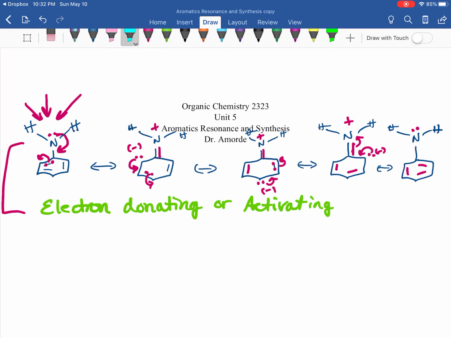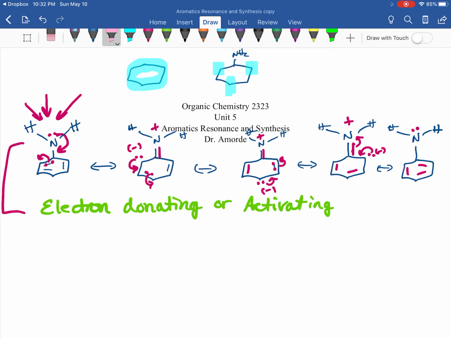But now if we want to picture our aniline as a nucleophile, let's get a little bit deeper. Our electrons are sharing around that whole ring, but they're not sharing evenly or equally. If we were to look at this in a map, with just a generic benzene, we would see a cloud of electrons that's nice and even. But if we look at our aniline, it's not going to be nice and even.